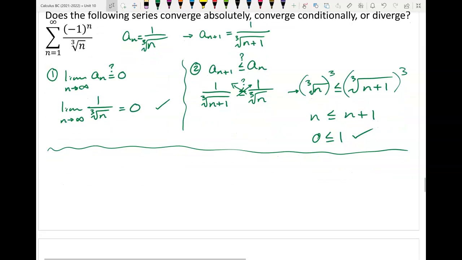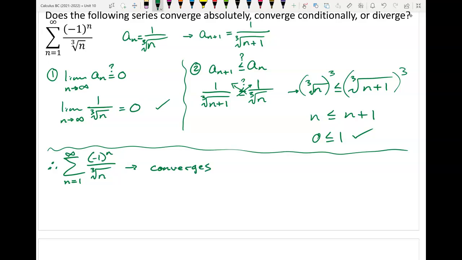All right. So this converges. But now what do we need to check? Absolute value. We need to look and check for absolute or conditional convergence. So this converges, so let's go ahead and look at the series without the alternator.